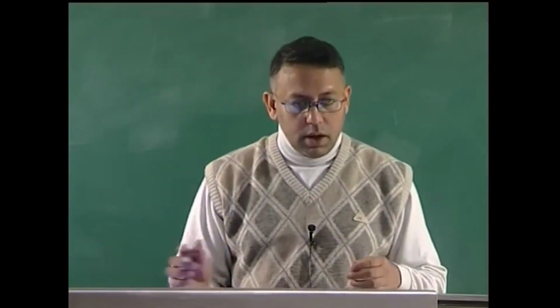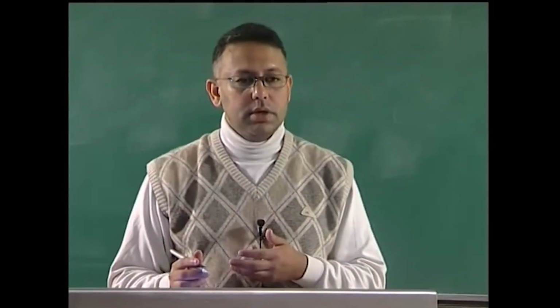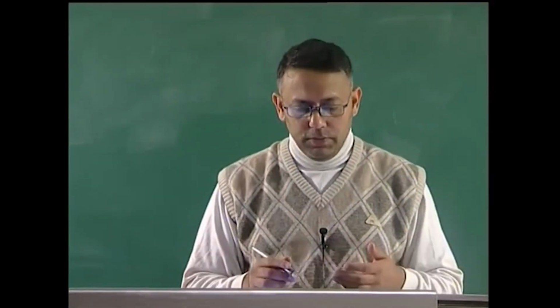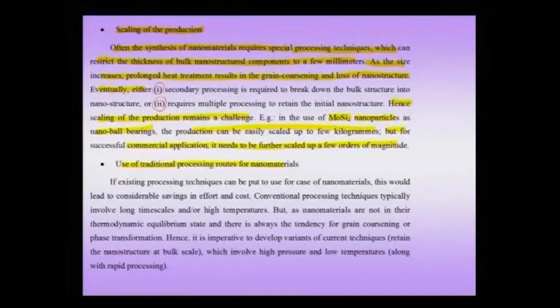So, one way is to co-opt these conventional methods in a new form to actually produce nanomaterials. If existing processing techniques can be put to use in the case of nanomaterials, this would lead to considerable savings in effort and cost. Conventional processing techniques typically involve long time scales or high temperatures, but as nanomaterials are not in a state of thermodynamic equilibrium, there is always a tendency for grain coarsening or phase transformation.